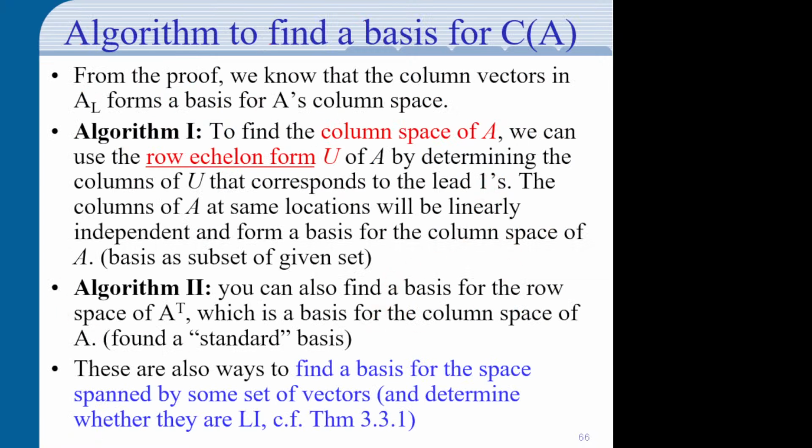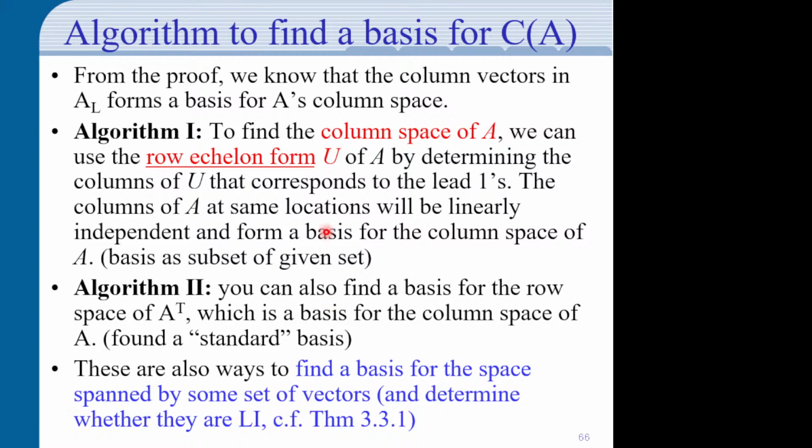So there are algorithms to find the basis for the column space of A, or the row space of A. But remember, these are actually the two most useful algorithms of this chapter, because they are the way to find a basis if you are given some set of vectors, right?